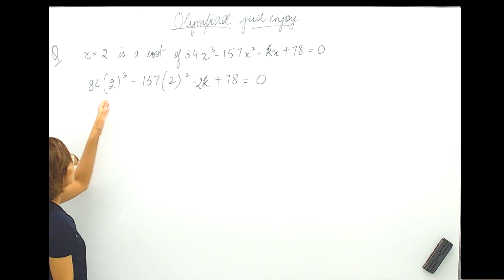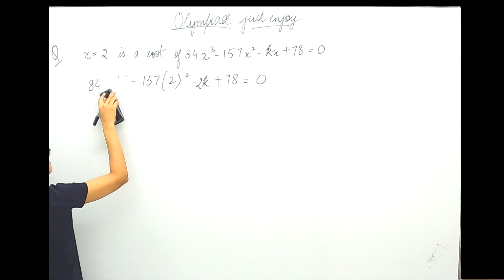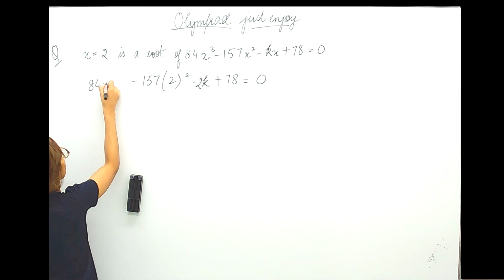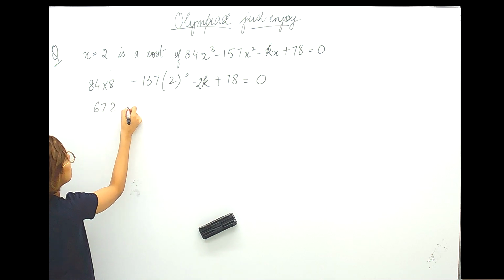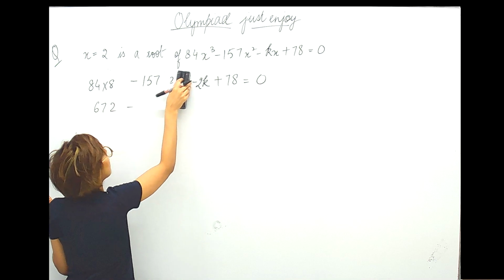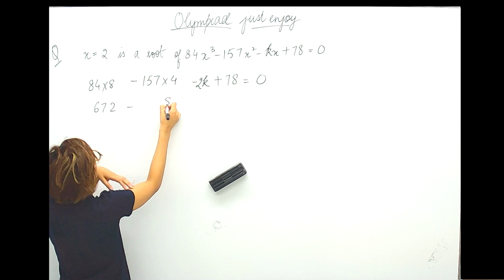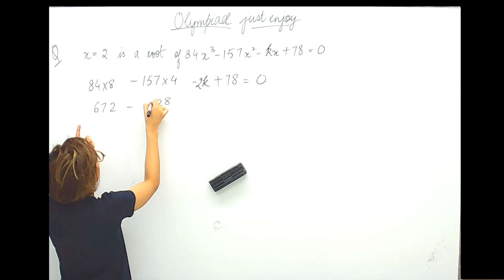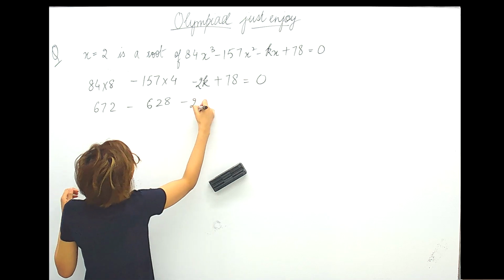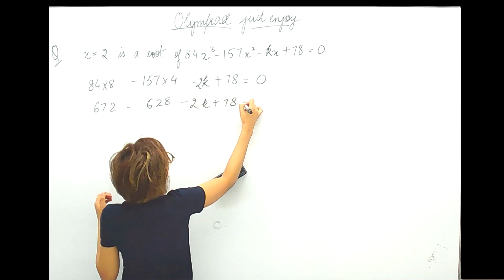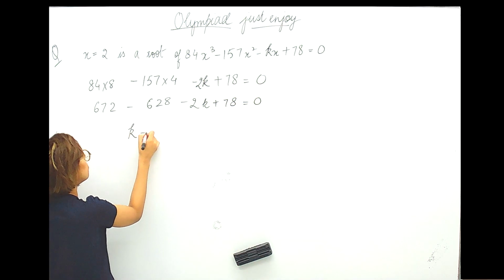So 84 into 2 cube, that is 84 into 8, which is 672, minus 157 into 2 square, which is 4, so 628, minus 2k plus 78 equal to 0. From here, you can easily find the value of k, which turns out to be 61.